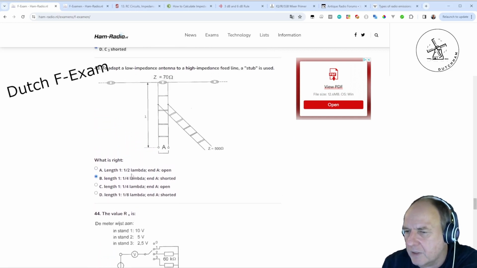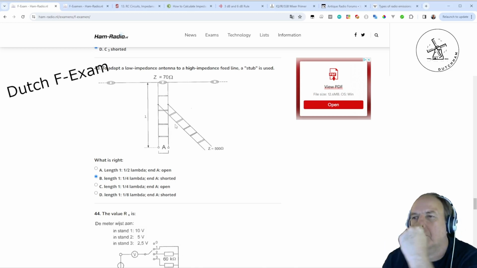Half a wavelength does make sense, because I know it's a quarter wavelength for the stub, because that's also how we could tune a low antenna impedance to a high impedance.